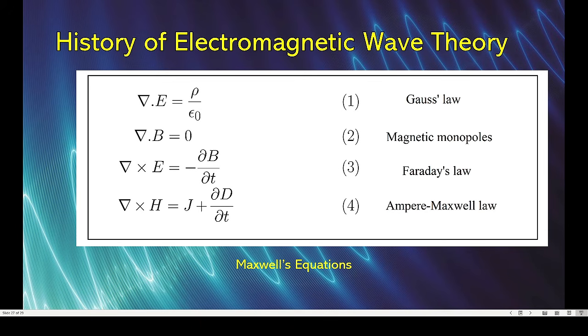So dito makikita natin na may mga names yung bawat mga equations, and you will notice in number 3 we have Faraday's law. So this is the reason why I also included Michael Faraday in the list of the scientists who contributed in the history of electromagnetic wave theory. Sabi ko nga kanina, Michael Faraday is actually more famous than Joseph Henry.